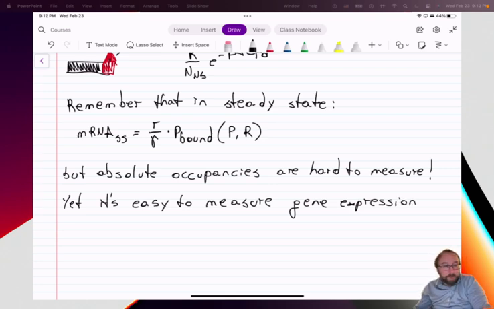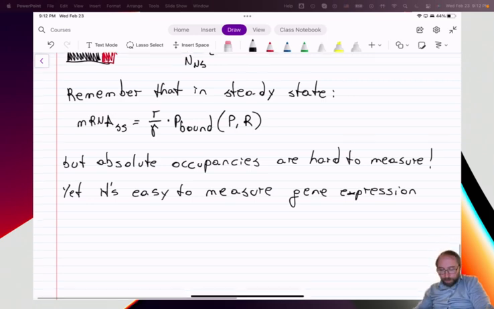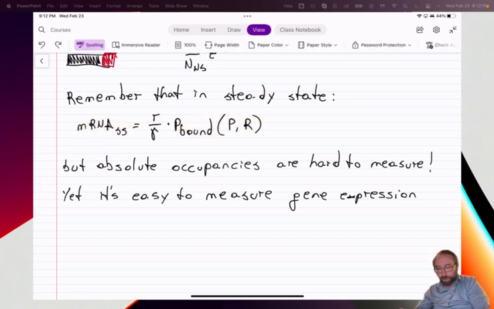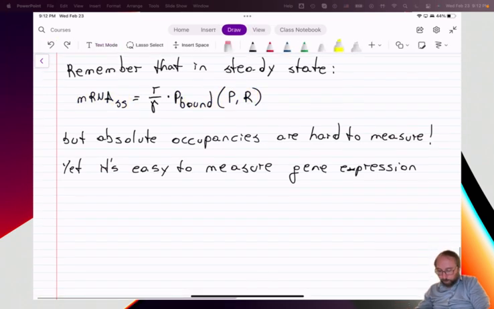You can measure RNA relatively easily, you can measure protein levels relatively easily. But obviously if I calculate p bound, that's not enough to predict the RNA levels. I need to know R and gamma, and that can get a little bit tricky because I might not know R and gamma for whatever system I'm doing. But one cool thing is that it's easy to measure gene expression.